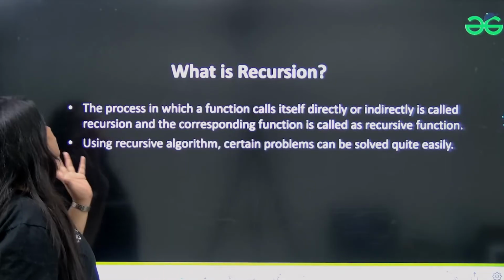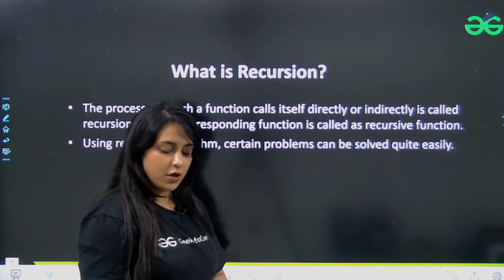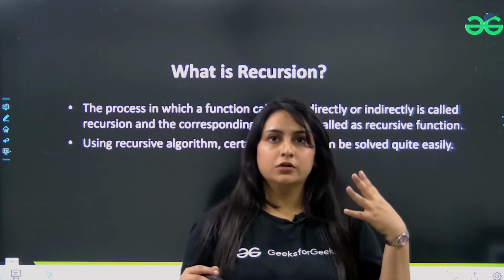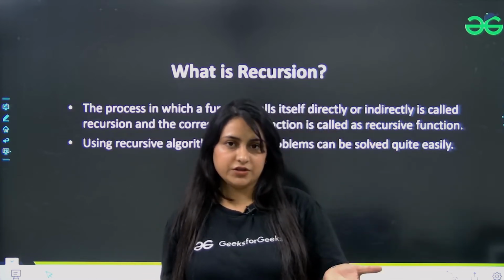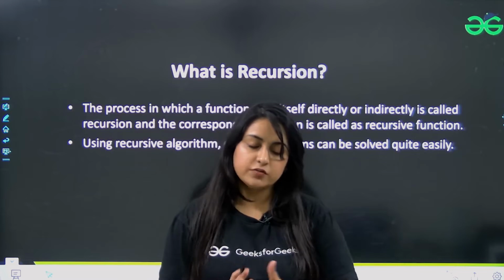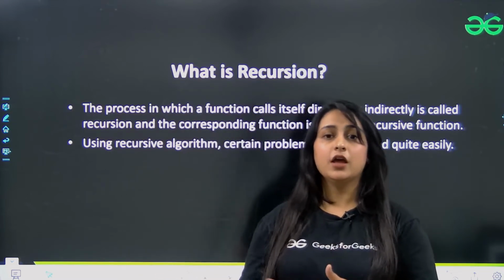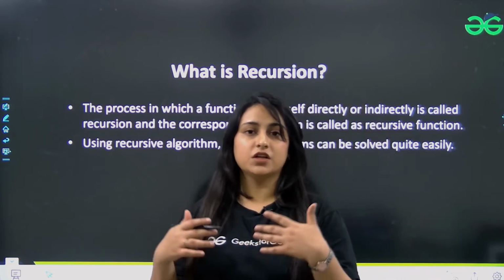Next, using recursive algorithms, certain problems can be solved quite easily. How is that possible? Sometimes we are not able to think of the iterative approach to a question. Whenever we are given a question, it's very difficult for us to think of an iterative approach to solve it, so the recursive approach helps us solve that question much more easily.